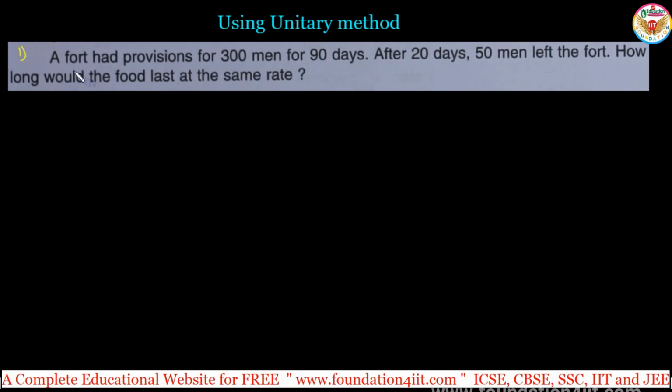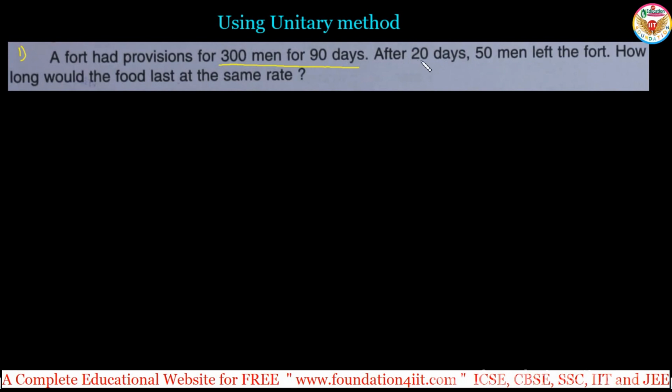In this first one, a fort had provision for 300 men for 90 days. So the provision is sufficient for 300 men for 90 days. After 20 days, 50 men left the fort. How long would the food last at the same rate? After 20 days, 50 men left. 300 men for 90 days is sufficient, right?